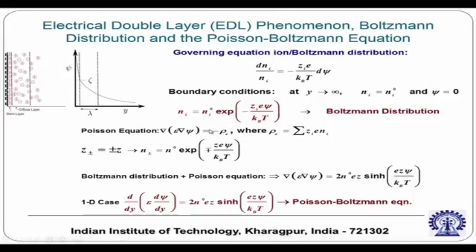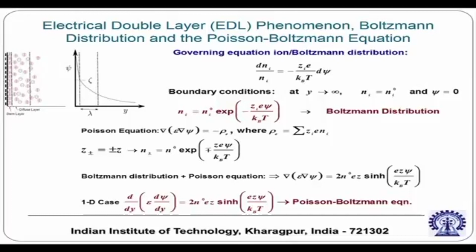The Poisson equation does not have any assumption because it follows directly from the Gauss law, right. If you start with the integral form, it is a differential form of the Gauss law which can be derived by using the divergence theorem in association with the integral form of the Gauss law. So the Poisson equation is much more universal than the Boltzmann distribution, right.